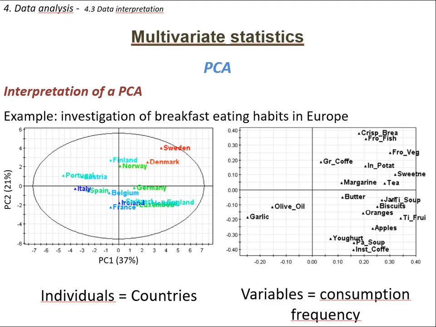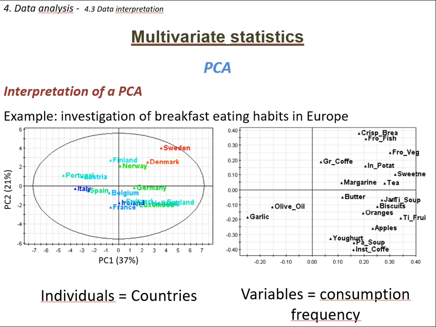When you make a PCA on this table and you project the score plot, which is the left graph, you see that the individuals here are the countries, and they are clustering on the graph. The abscissa is the first principal component, and it tells you that it is expressing 37% of the total data variance.